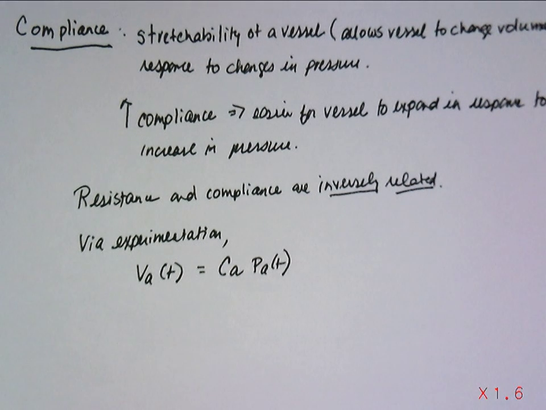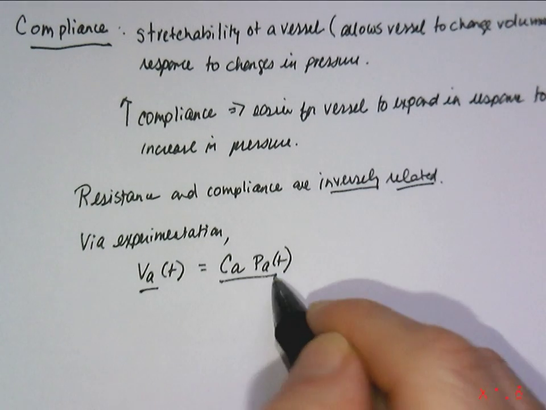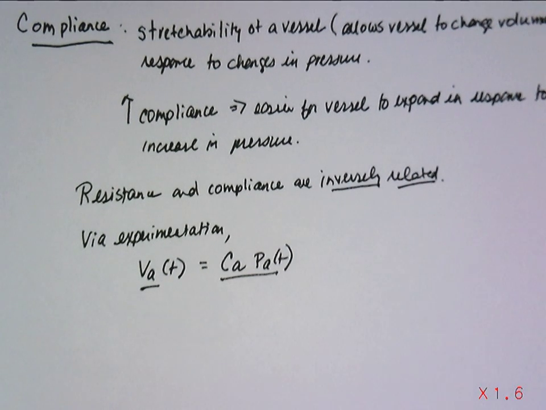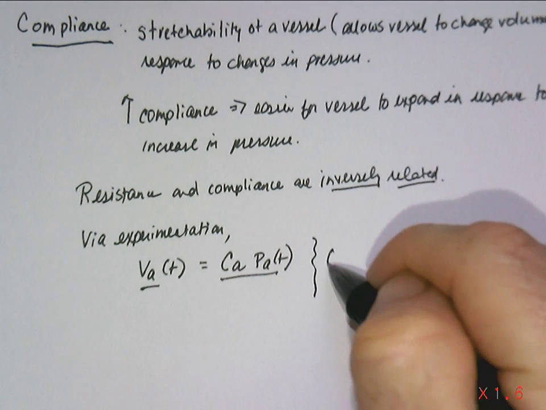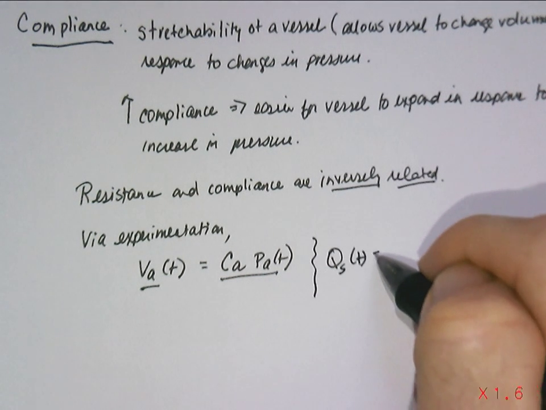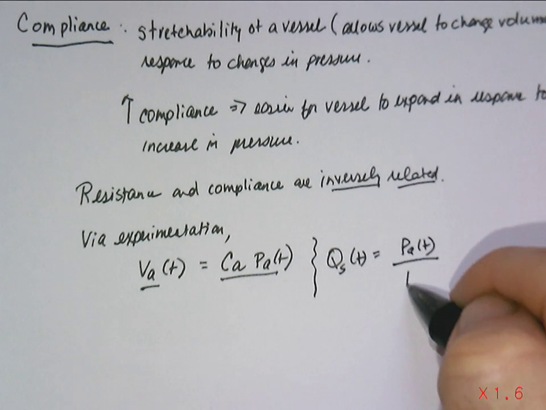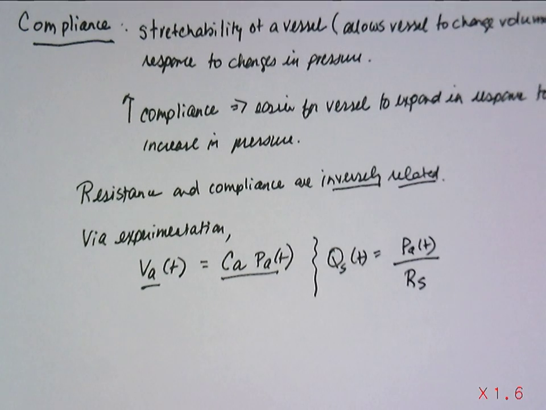So, very important now that we know that the blood flow is a ratio between your pressure and this resistance value, and that the stroke volume will be this product of compliance times that pressure. Right? So again, in summary, before we go to our model, this is what we have from experimentation. You can clearly see there will be an inverse relationship between the resistance and the compliance.